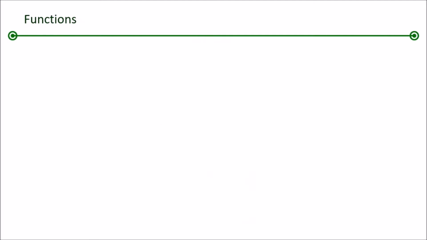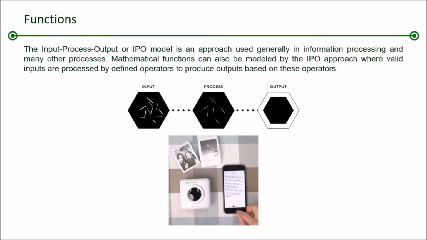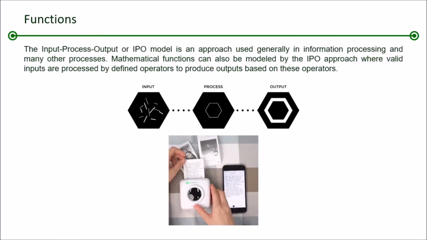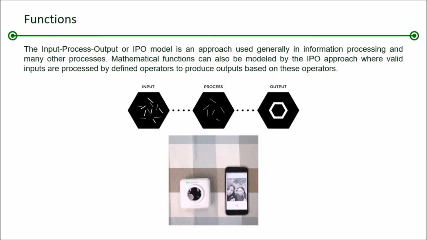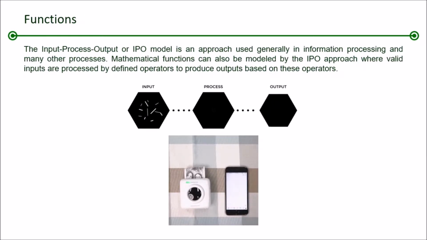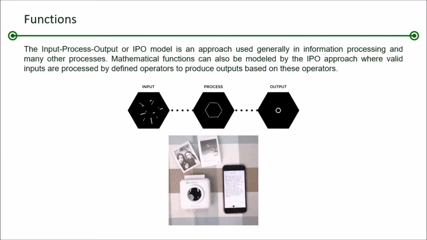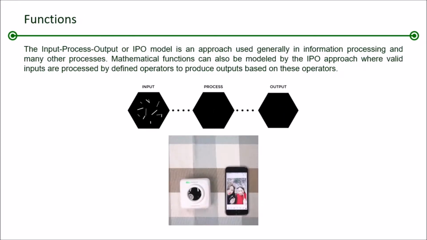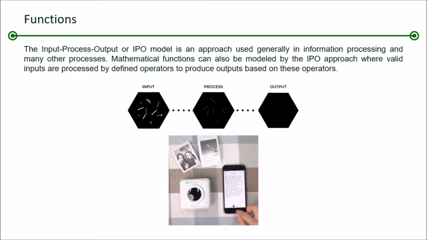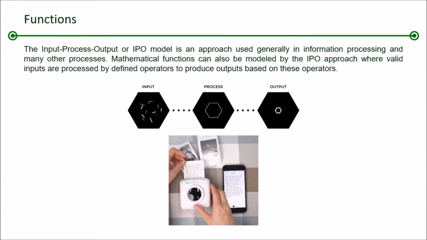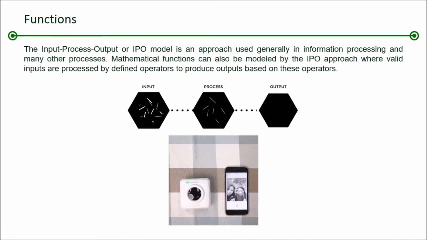Functions. The input process output, or IPO model, is an approach used generally in information processing and many other processes. Mathematical functions can also be modeled by the IPO approach, where valid inputs are processed by defined operators to produce outputs based on these operators.